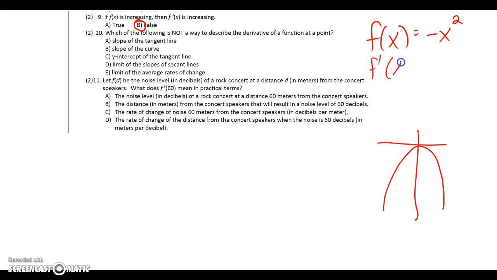Well, f prime of x equals negative 2x. So here in the negative x's, my graph is increasing, isn't it?